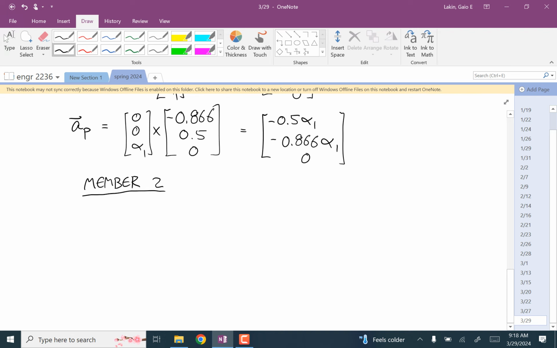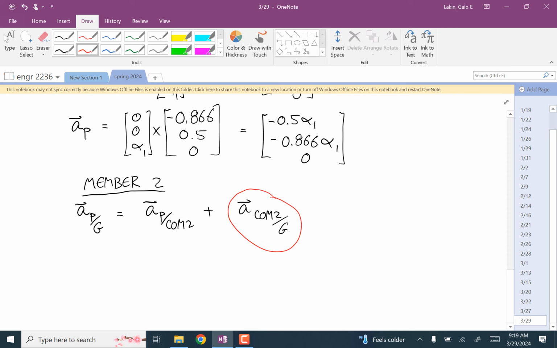And this time we have to use relative motion because there's no fixed point. So we're going to do the acceleration of P relative to the ground is equal to the acceleration of P relative to the center of mass of body 2, plus the acceleration of the center of mass of 2 relative to the ground.